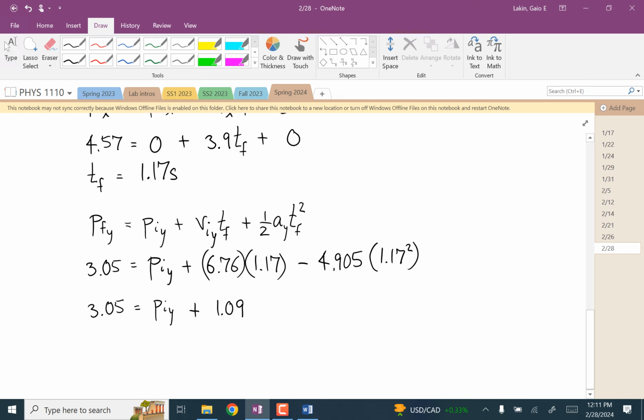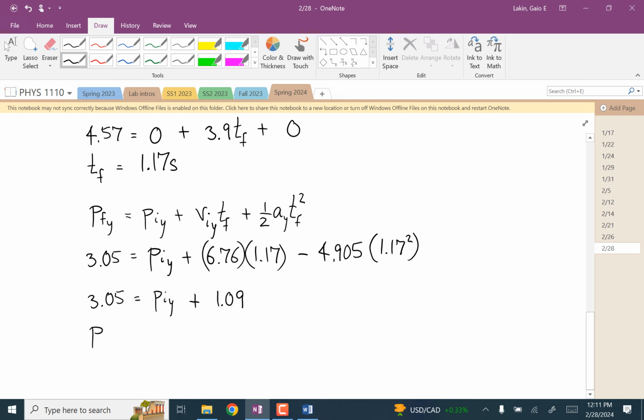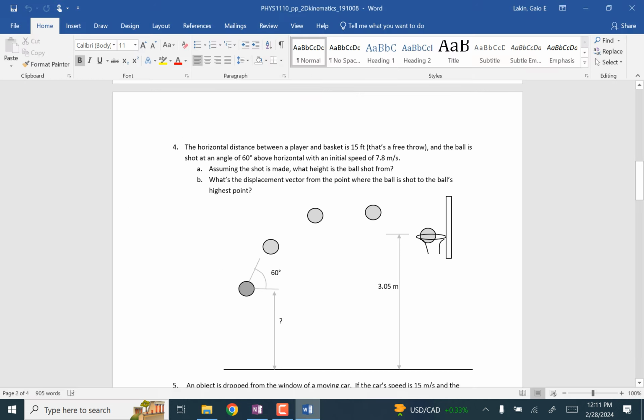Now you can subtract 1.09 from both sides, and you get that PIY is 1.96 meters. Okay, so that is the height that the ball is released from.